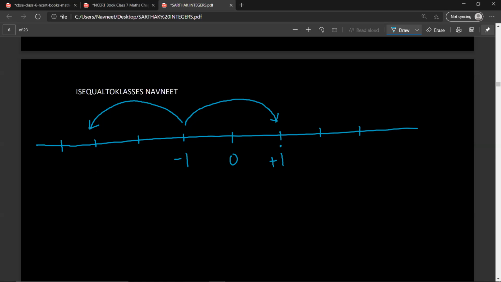What will be this number? -3. So 2 right is +1 and 2 left is -3. Yes or no, sir?